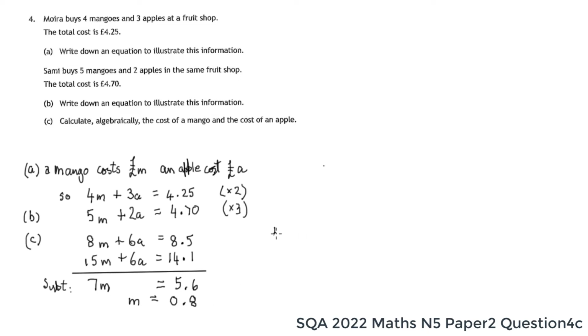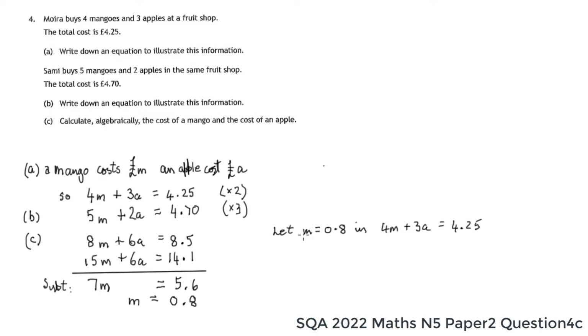So what we use now is one of these equations to find the cost of an apple. Let's use the first one. So we'll let this value which we've discovered, m equals 0.8, in the first equation, 4m plus 3a equals 4.25.